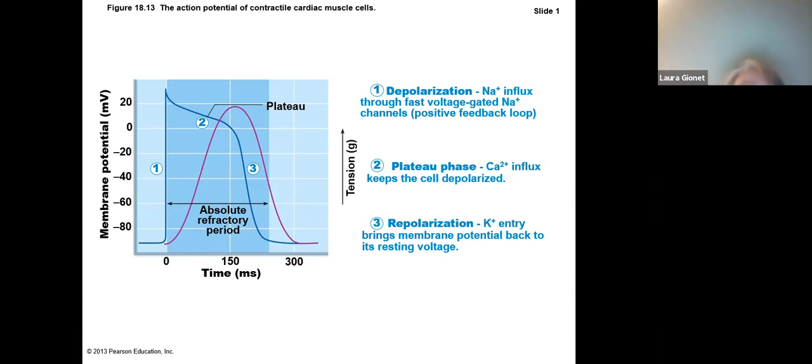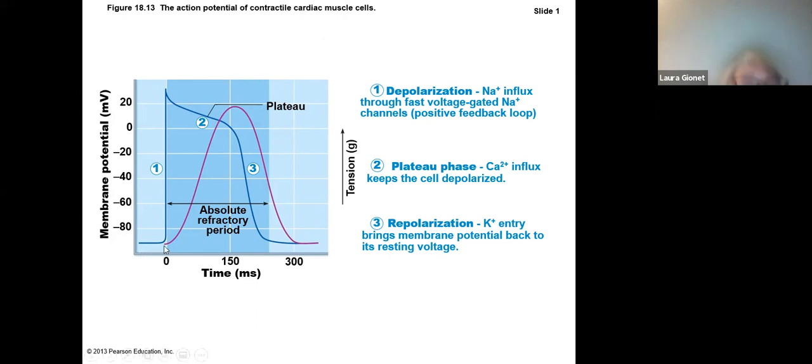So remember that we always start at a resting membrane potential, or RMP. Generally in skeletal muscle, it's negative 70 millivolts. In cardiac muscle, it can be generally around negative 90 millivolts. Here on the vertical axis, we have our membrane potential. Remember, the potential is the charge distribution across the membrane of the muscle, and it's generally negative.